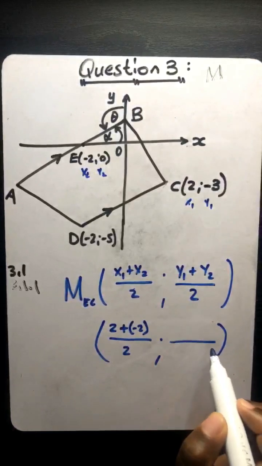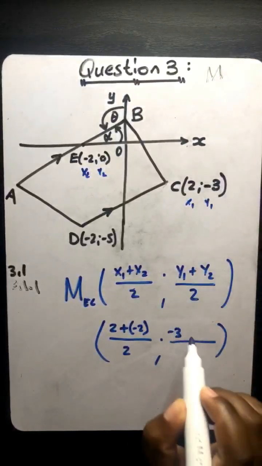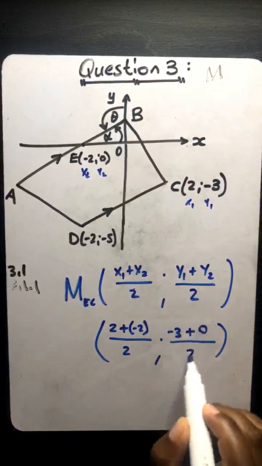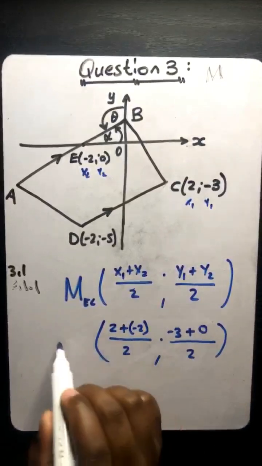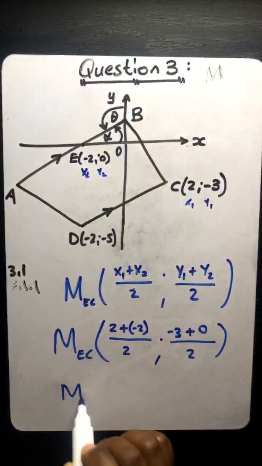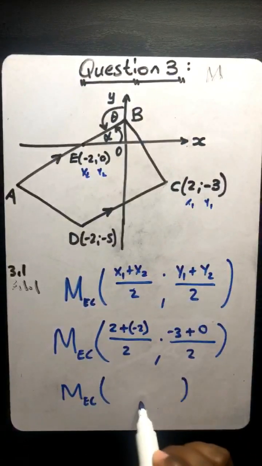So let's see. Now, in terms of the y values, what are we having there? We've got negative 3 plus 0 there, and then you need to divide that by 2. Remember, the midpoint of EC is what we are looking for, so you just punch all of that on your calculator.